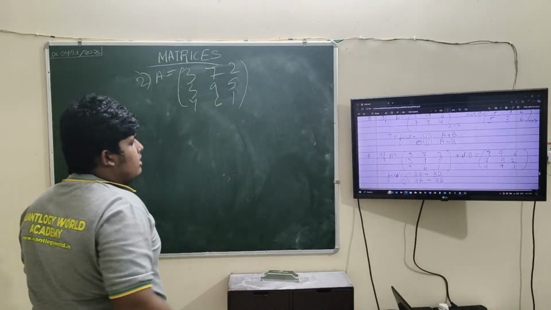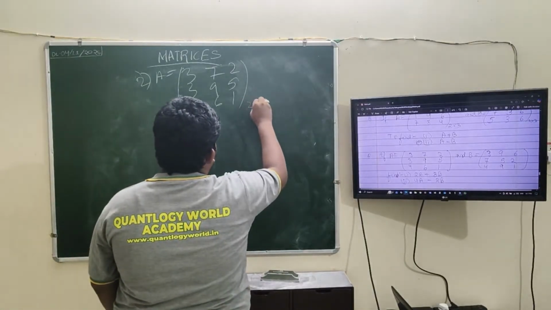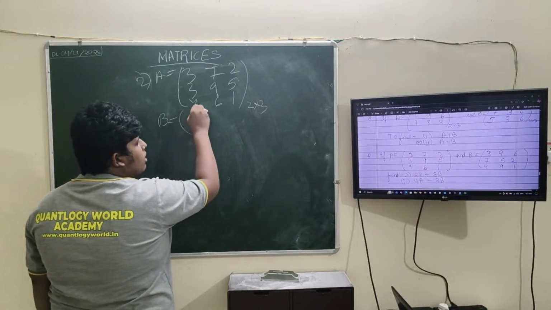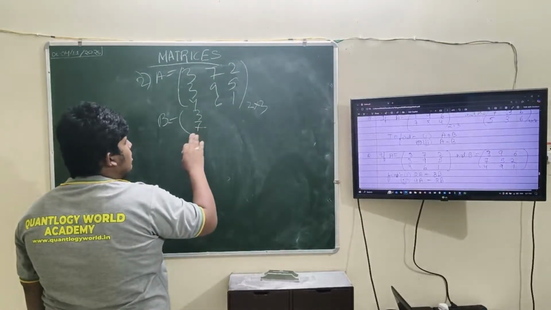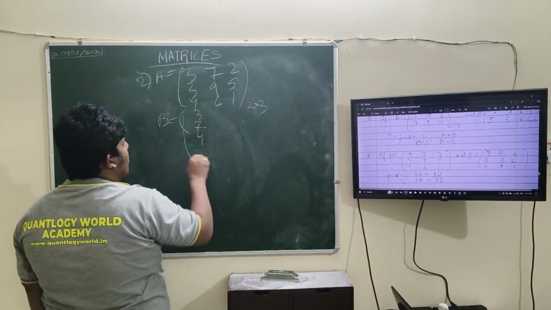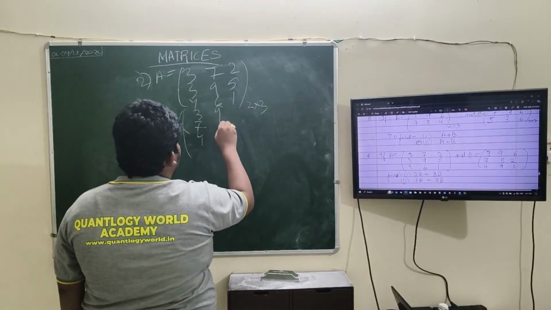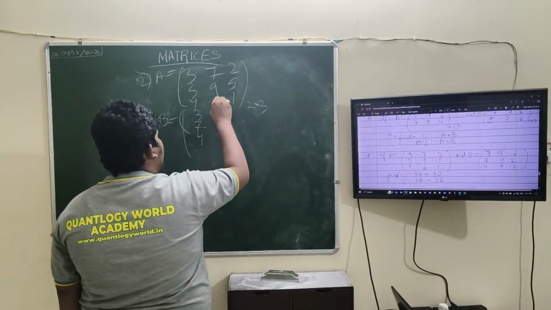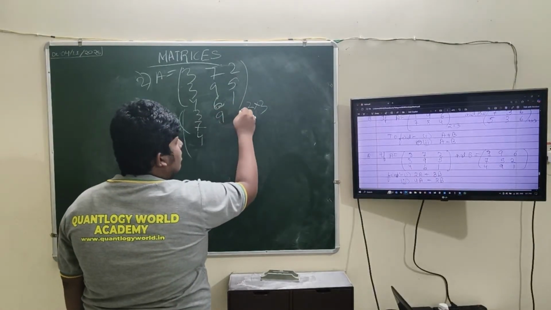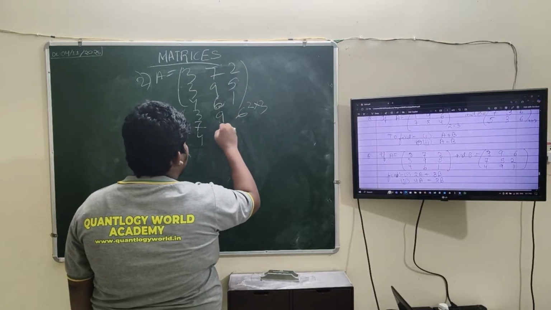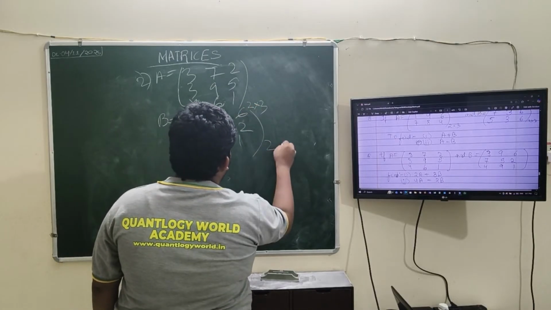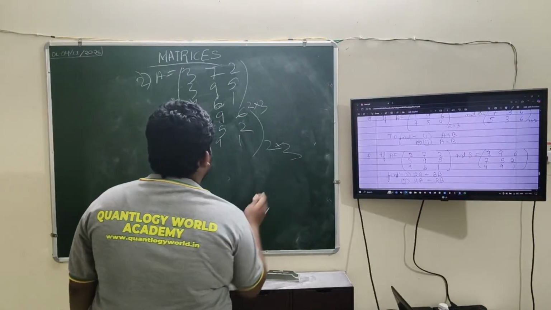This is matrix A. And next, the matrix B is given as 3 7 4 9 6 5 2 9 1. This order is also 3 cross 3.